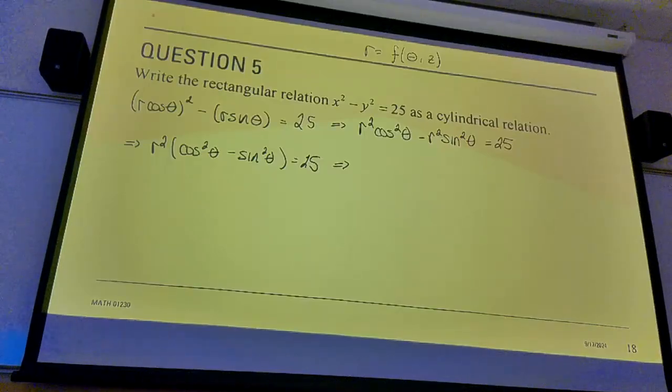What does r squared equal? I mean, that's true, but we're trying to write it in cylindrical coordinates.